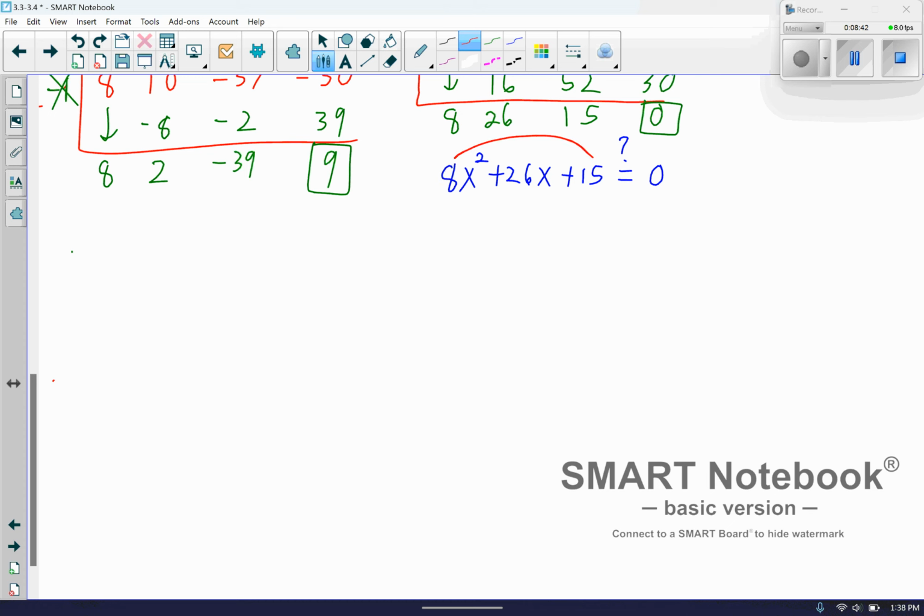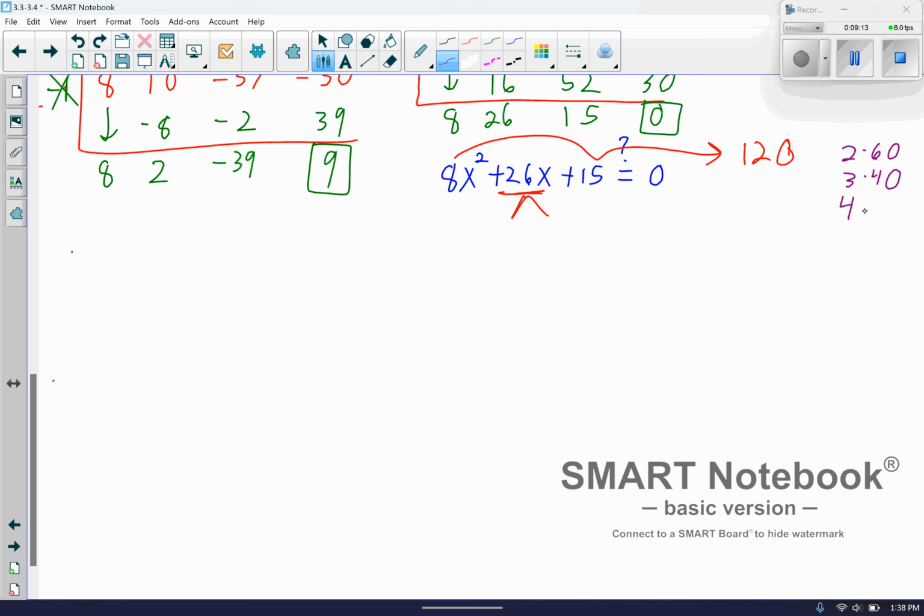So let's see, 8 times 15, that's 120. I've got to find two numbers that multiply to give me 120, but also add up to 26 in the middle because I want to split that. If you have no idea where to start, grab a calculator and just start dividing this by 2. So 2 times 60, but that does not add up to 26. Divide by 3. 3 times 40, that does not add up to 26.